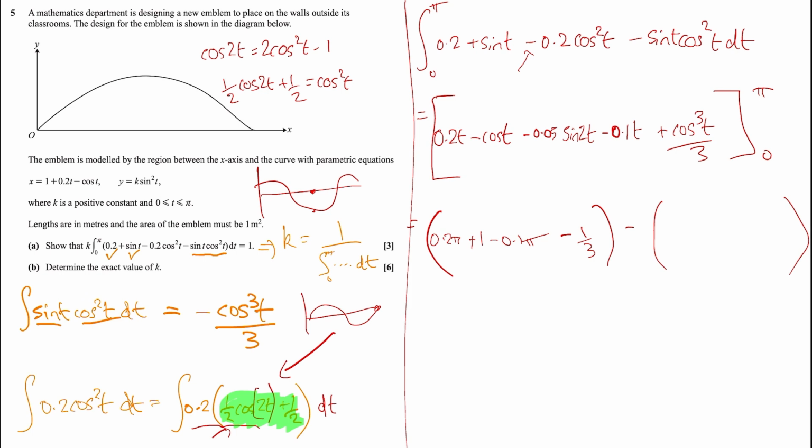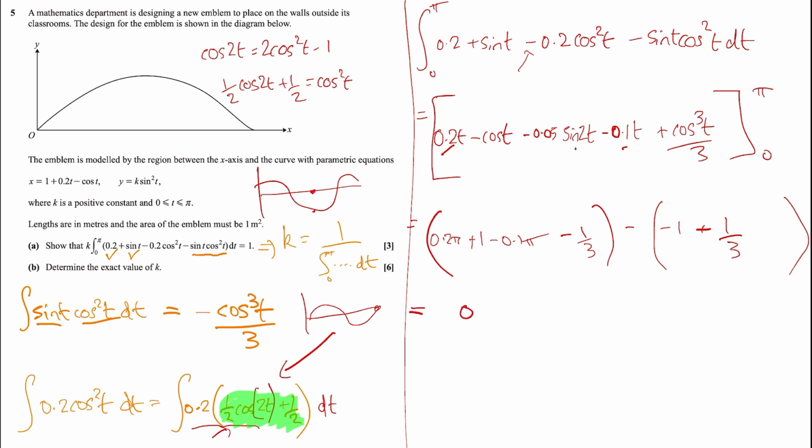Don't try and be like me, not using a calculator. And then from the bracket with 0, we're going to get 0. Cos of 0 is 1, so that's a -1. We're going to get sine of 0 is 0, and then cos of 0 is 1 again, so that's +1/3. Okay, so what have we got overall?